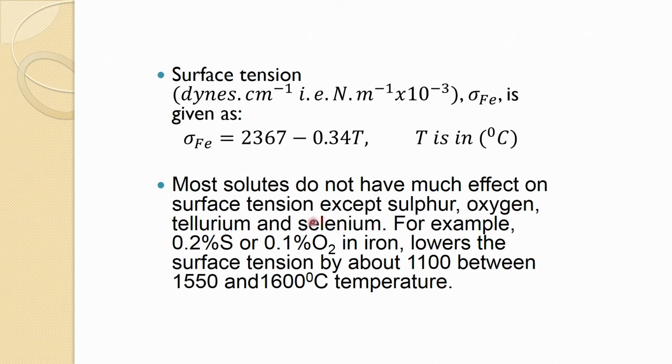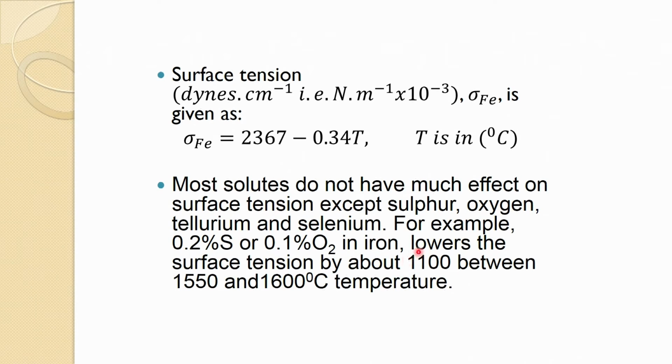For example, 0.2% sulfur or 0.1% oxygen in iron lowers the surface tension by about 1100 between 1550 and 1600 degrees Celsius temperature. So, that is a big drop in the surface tension. These elements, sulfur, oxygen, tellurium and selenium, affect surface tension significantly.